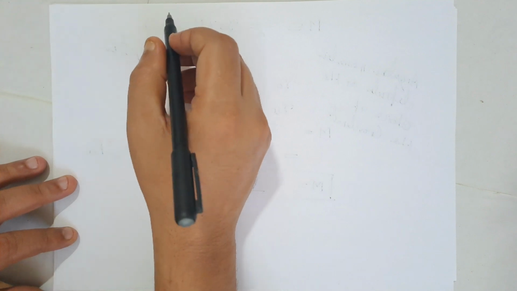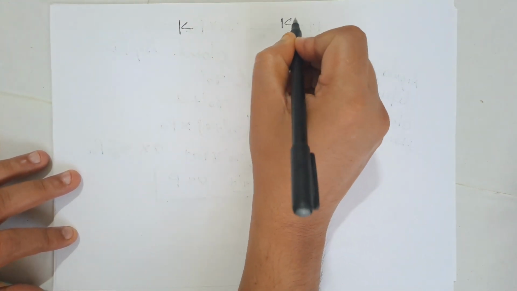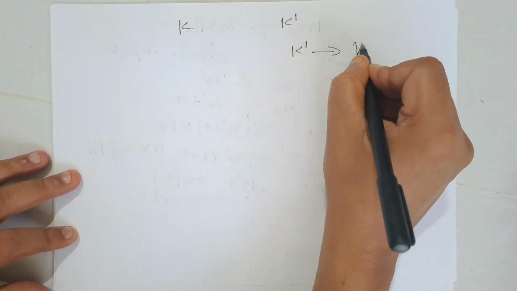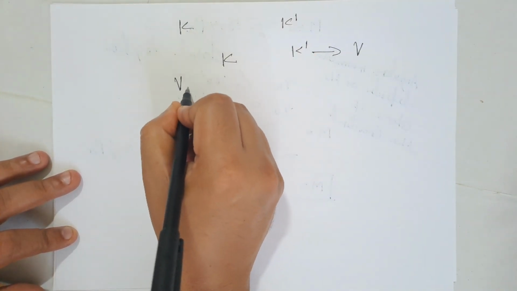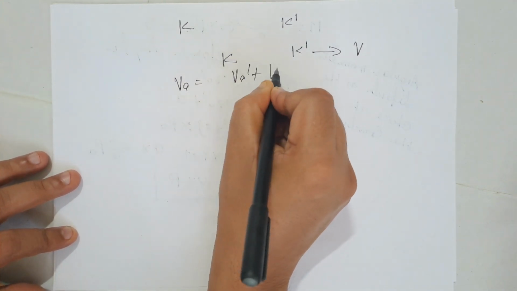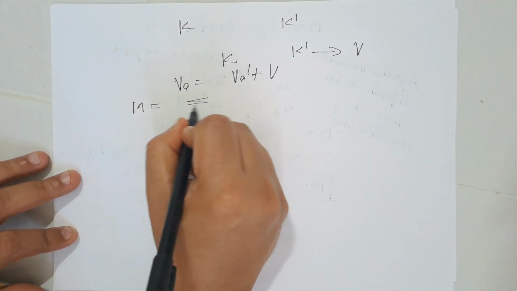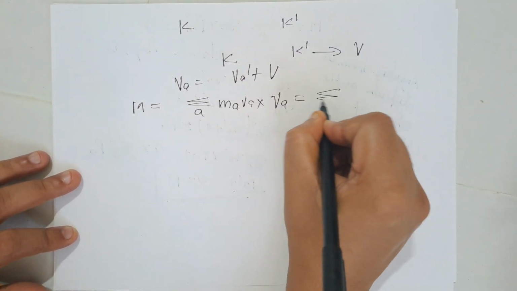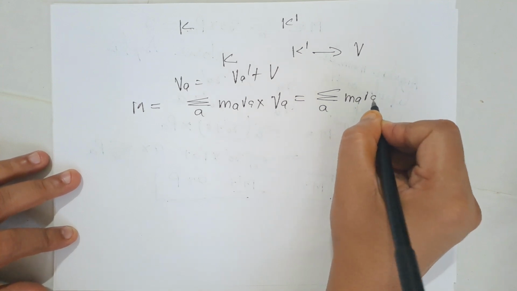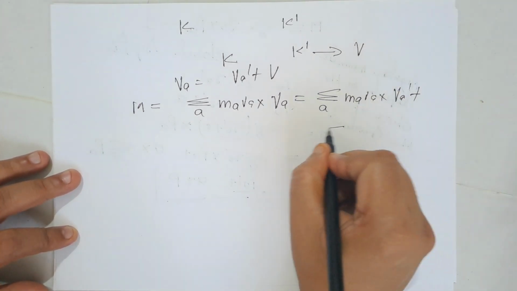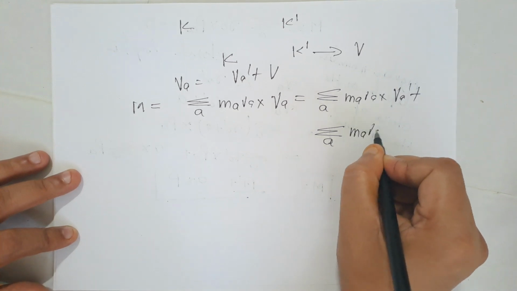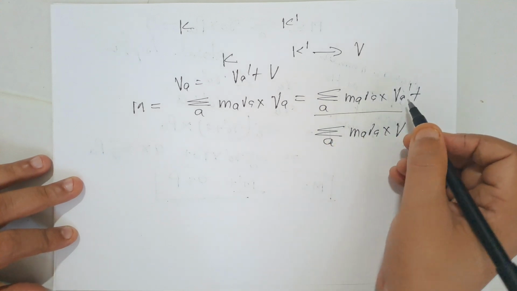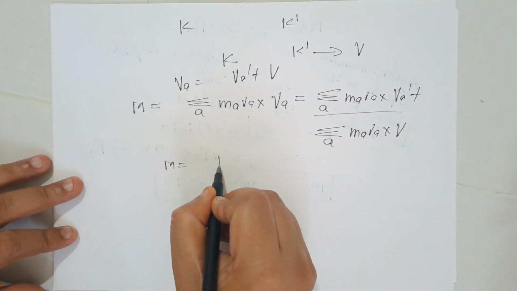If we use two different reference frames K and K dash, where K dash is traveling with velocity V with respect to K, then v_a is equal to v_a dash plus V. So M will become the sum of m_a r_a cross v_a, or we can write the sum of m_a r_a cross v_a dash plus the sum of m_a r_a cross V. The first one is nothing but the angular momentum in the K dash reference frame, so M dash.